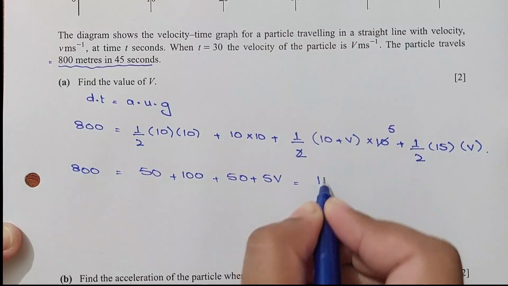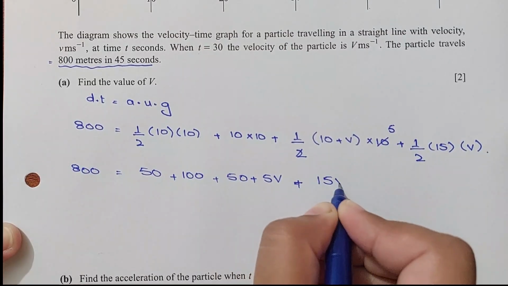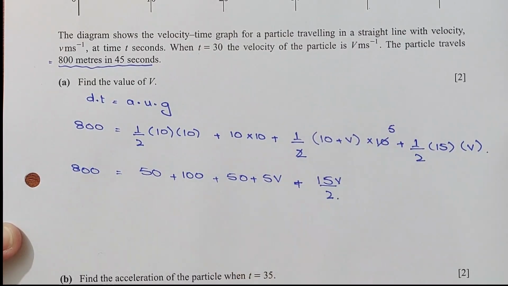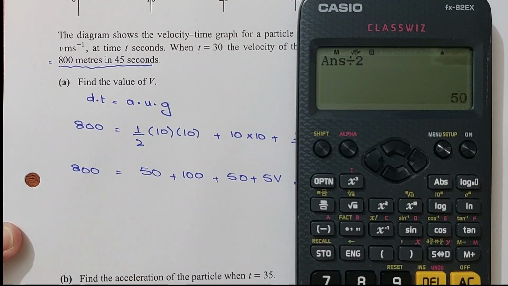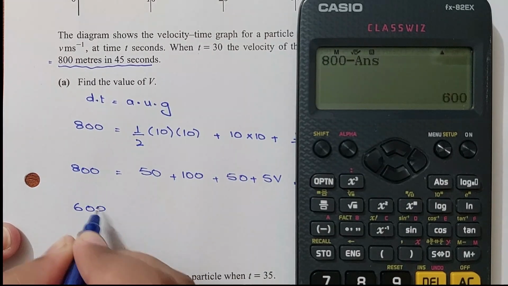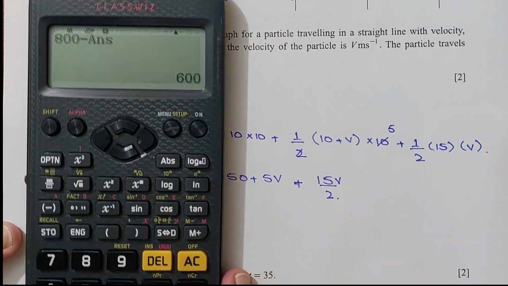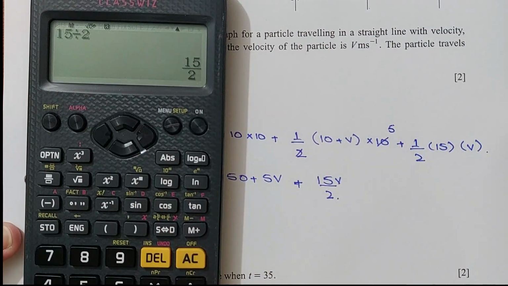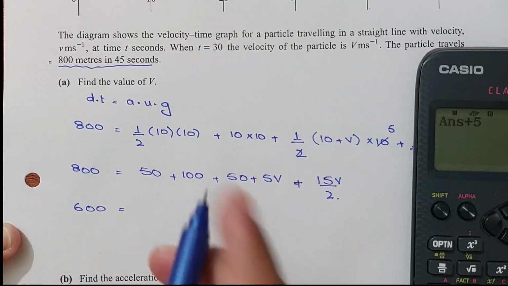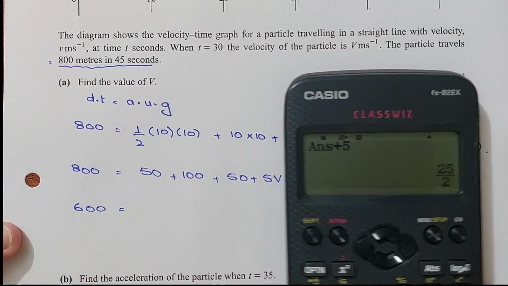This would be equal to plus 15v by 2, right? Now further simplification, we have 50 plus 100 plus 50 is 200, so 800 minus 200 is 600. This would be equal to, the v's are 15 by 2 plus 5, and this is 25 by 2 v.